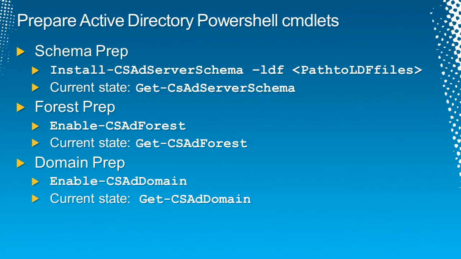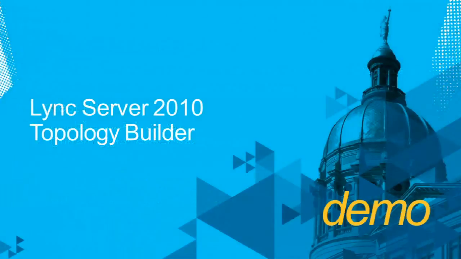So you can run, say, Get-CsAdServerSchema, and it will tell you it's ready for Lync Server, or it's not ready. The same with forest prep, the same with domain prep. You have basically the enable and the get for the status. And we run those commandlets under the hood. So when you run setup and go through the prepare Active Directory wizard, we run this under the hood just to see what the current state is, and then we populate the little check marks on the side.